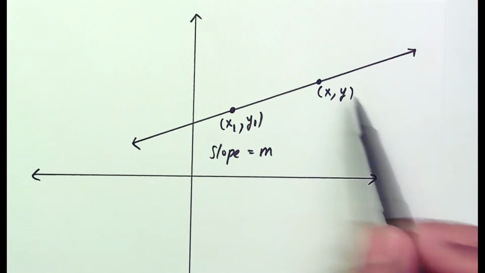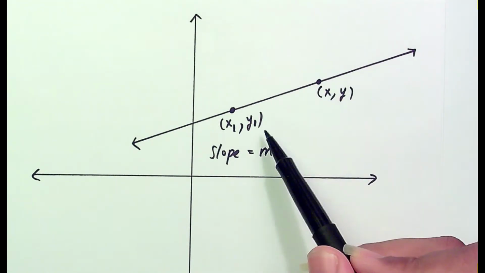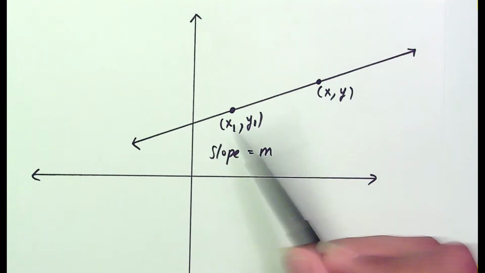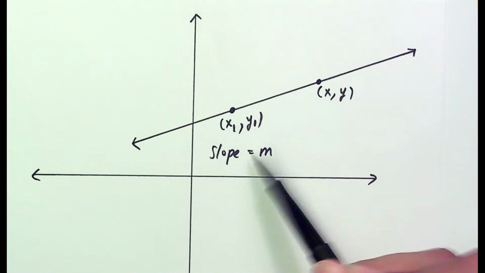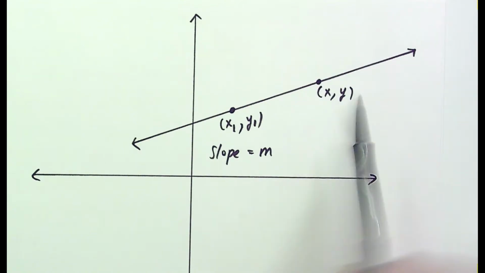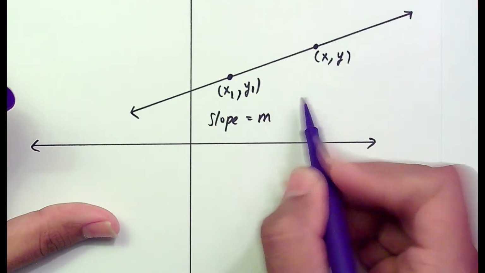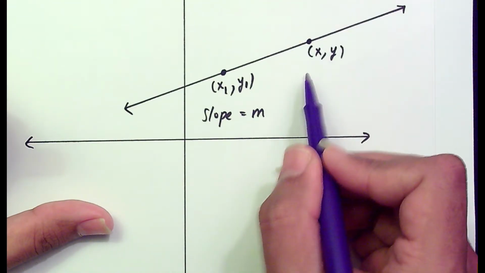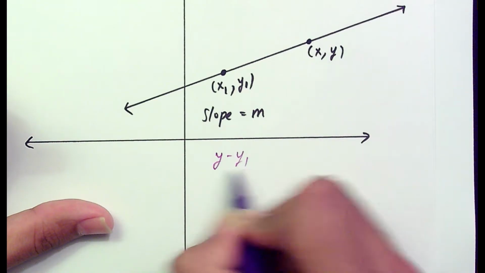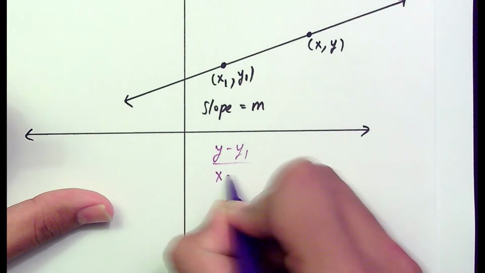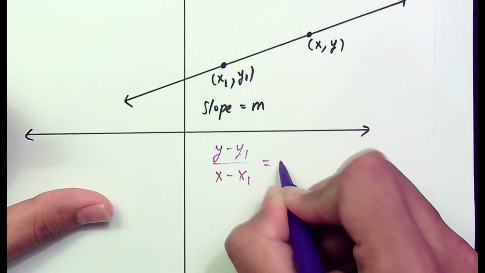Well, if the point is on the line, then that means that if I compute the slope between these 2 points, then that should be m. And writing that down, what do we get? We would get then that, let's compute the slope, y minus y1 over x minus x1 equals m.